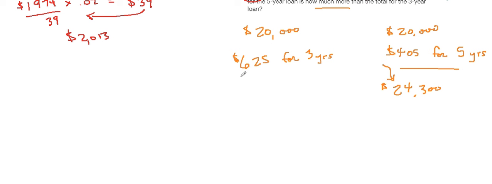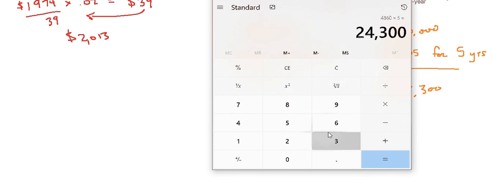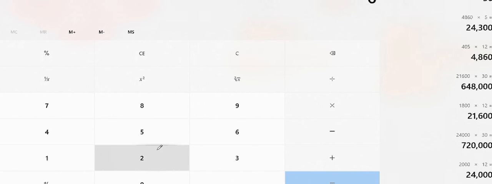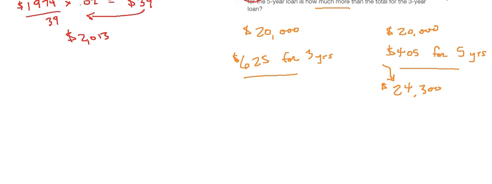Okay, this is going to be less. 3 years, which is, we can do it in this direction if you want, 36 months. How much per month? 625. Big calculator. $22,500.